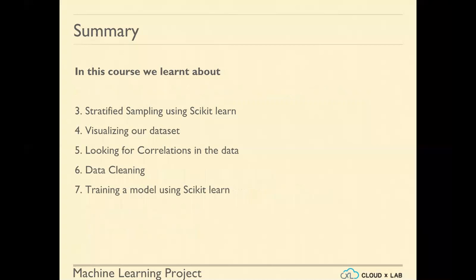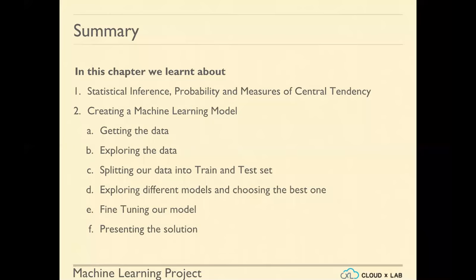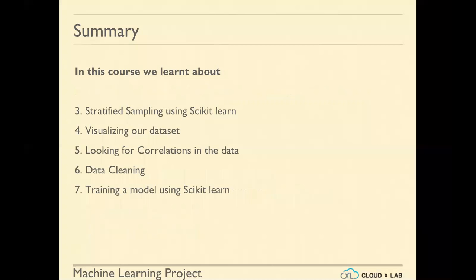Then how did we visualize the data set? Remember, we plotted a graph on the map, and then we looked for the correlation in the data. We tried to understand the correlation in the data. Then we did the data cleaning, right? Then we trained the model using scikit-learn and so on.